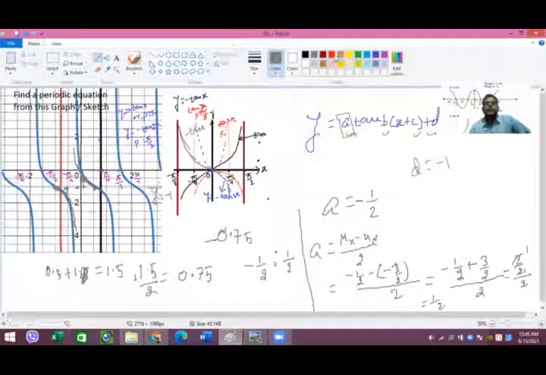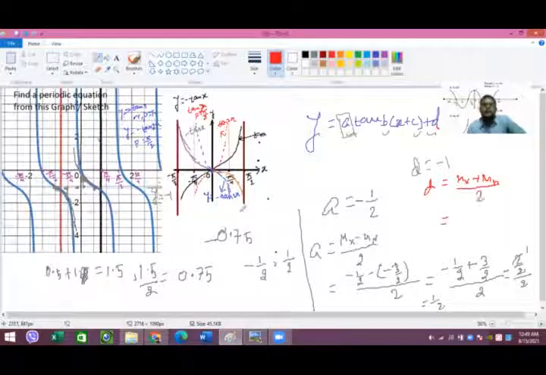And if you'd like to test the value of D, using maximum plus minimum, that is the vertical shift. We can call it vertical shift or translation along the y-axis. So this is given by maximum plus minimum, and we are talking along the y-axis, so the y-coordinate, divided by 2.